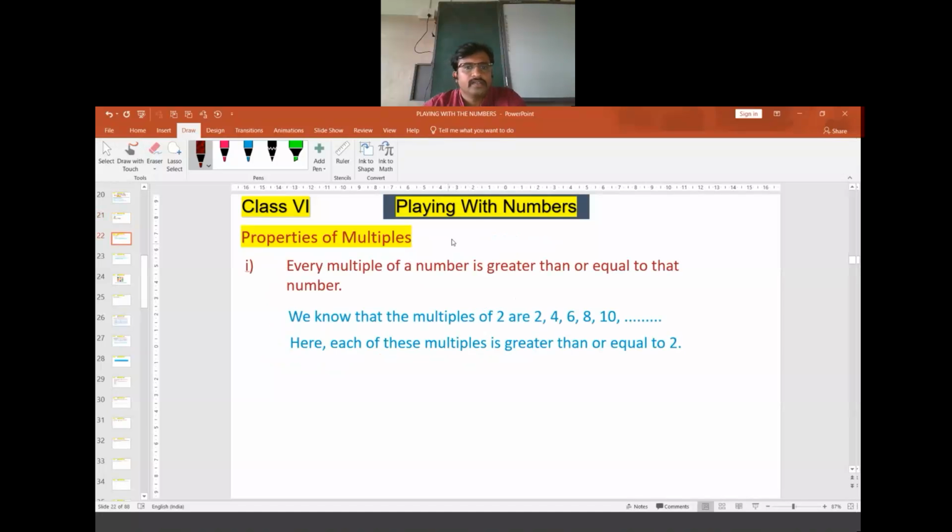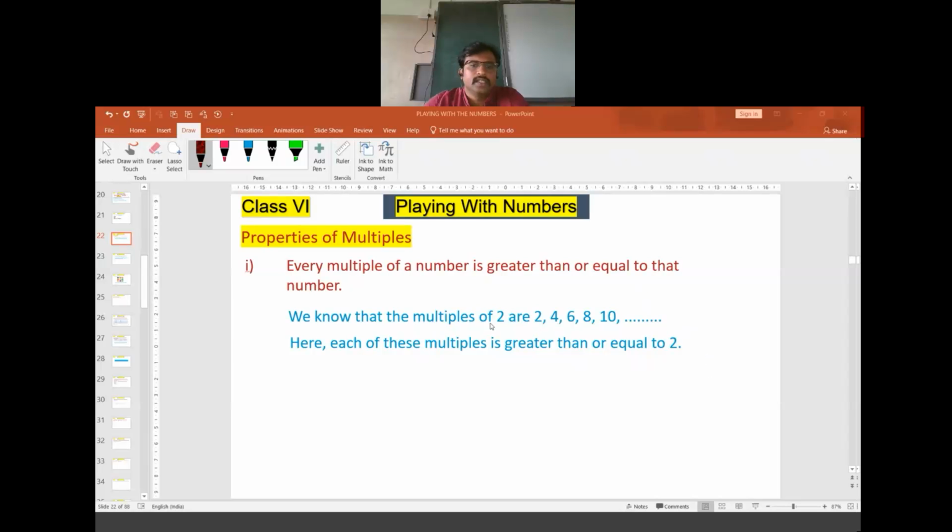Now there are certain properties of multiples that need to be learned. The properties of multiples, like every multiple of a number is greater than or equal to that number.